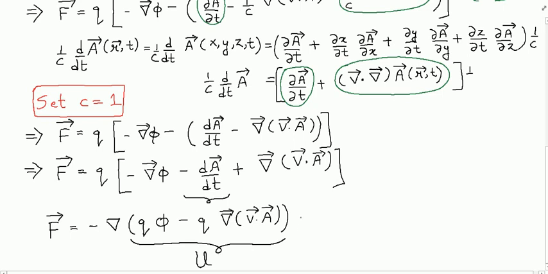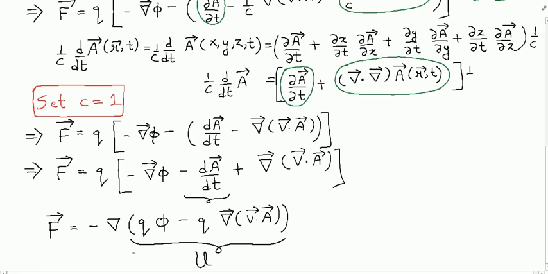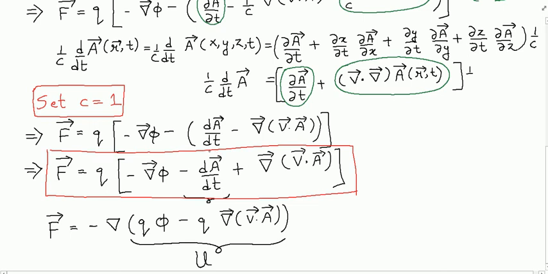But now your question will be, if I put this U in the Lagrangian, then am I going to get exactly this force equation when I evaluate the Lagrange equation of motion? Am I going to get this dA by dt term if I use this as a potential?